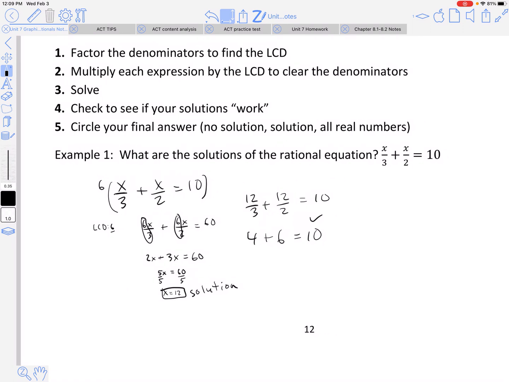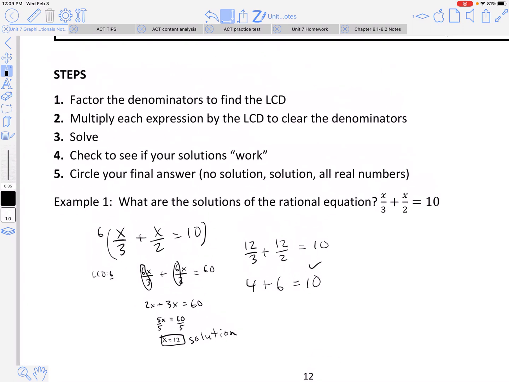All right, so these are the steps that I think are the most efficient for solving these, and they'll save you a lot of headache with getting the common denominator and then adding, and a lot of multiplication as we get to more complicated problems. So first, we will factor. We didn't have to worry about this here, but we'll factor the denominators to help us find that least common denominator.